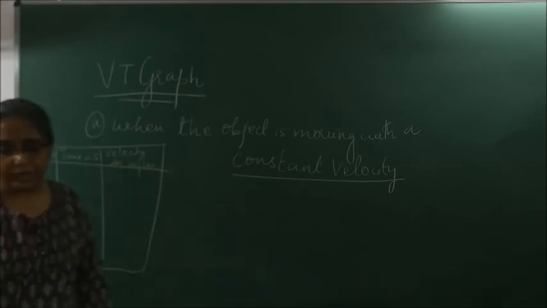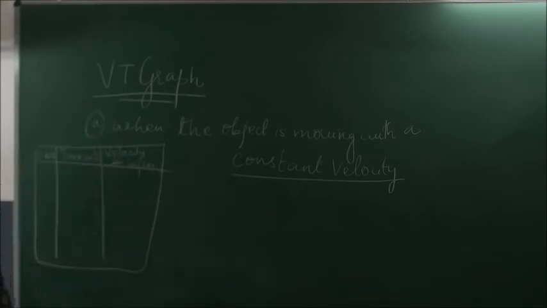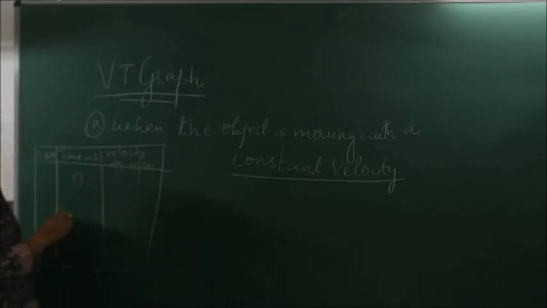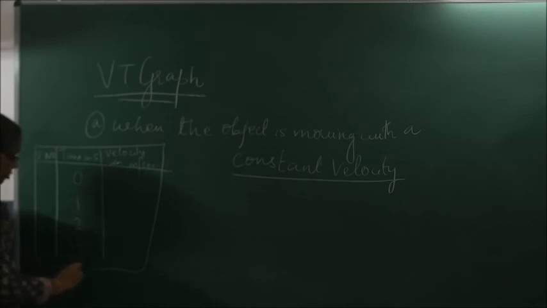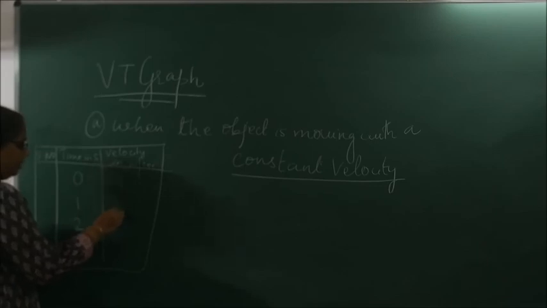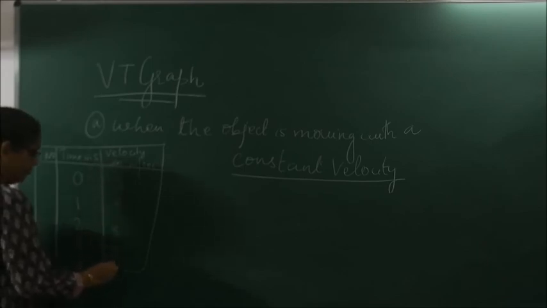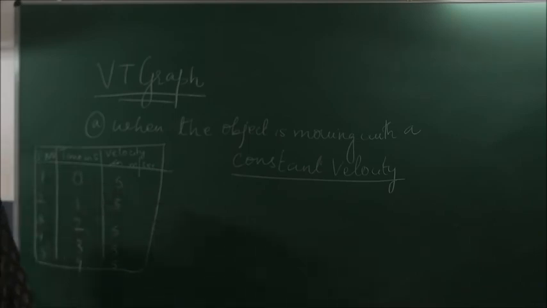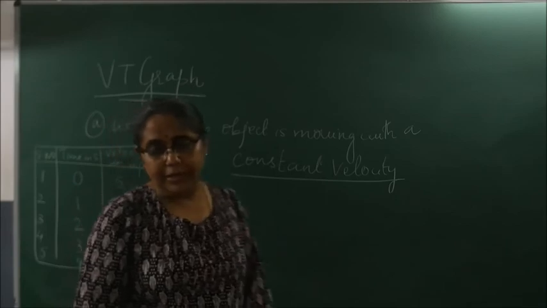Okay, so let us draw our table. Serial numbers 1, 2, 3, 4, time 0, 1, 2, 3, 4. We have everywhere velocity 5, 5, 5.